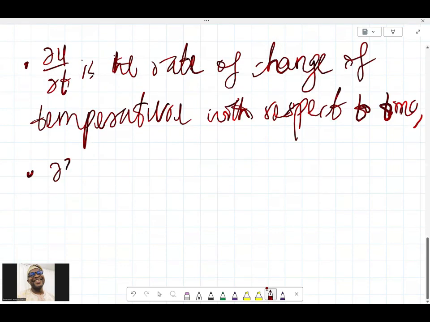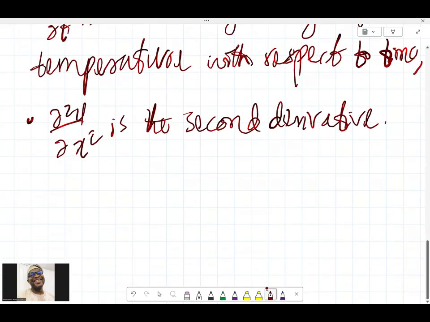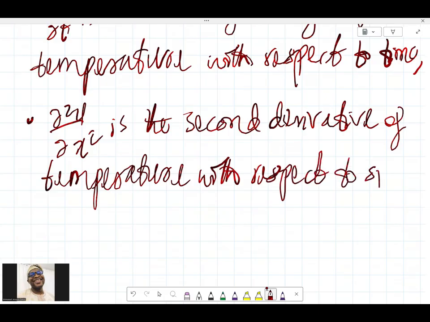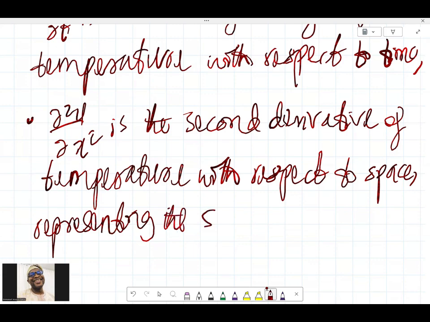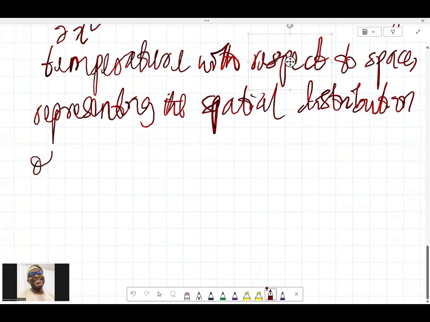Then we have partial squared u, partial x squared, which is the second derivative of temperature with respect to space, representing the spatial distribution of temperature.